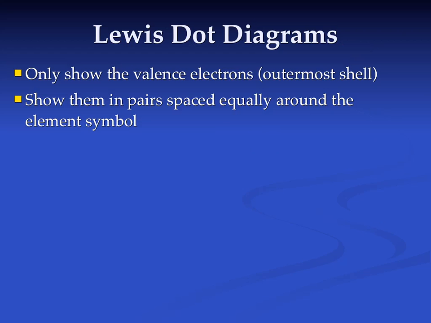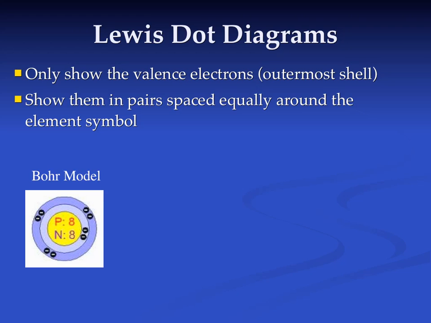When we draw Lewis dot diagrams, we don't draw the nucleus and all of the inner electrons. All we do is show the valence electrons spaced equally around the element symbol. Here's an example. This is a Bohr model of an atom that has 8 protons, 8 neutrons, and 8 electrons.